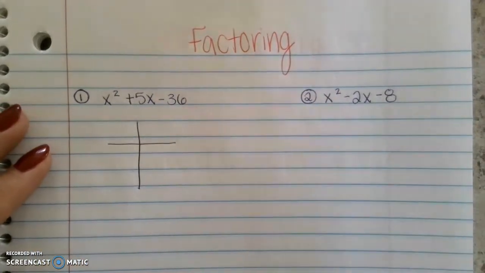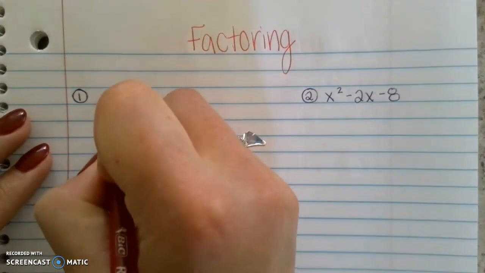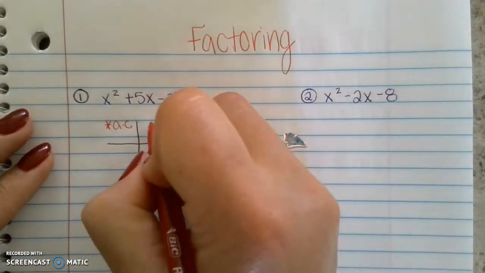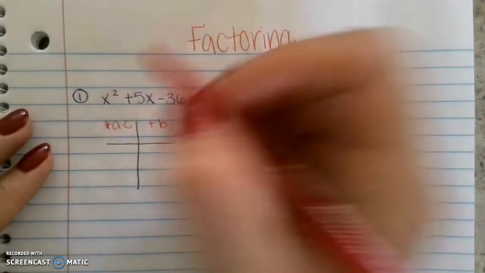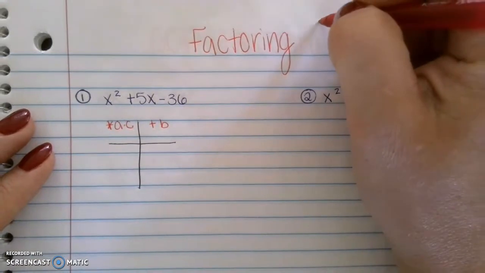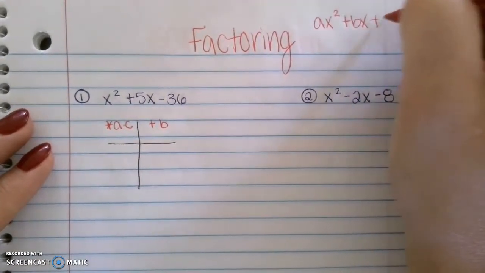Remember in our T-chart, we multiply to get A times C and add to get our B value. We always have our A, B, C's come from ax squared plus bx plus c.